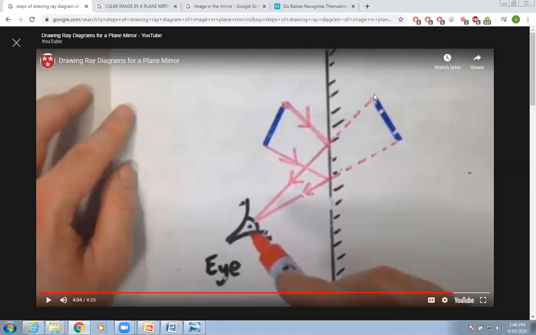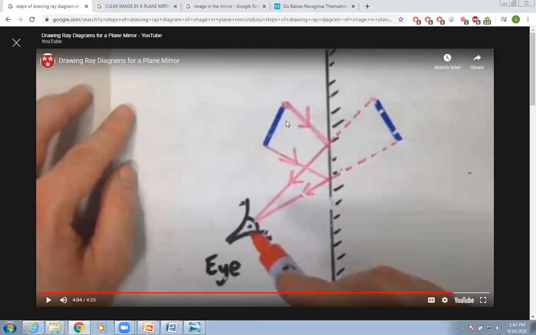You can see that when they come towards the eye, they will intersect the mirror at these two points. These two points are the points of incidence. If you draw the normal here, normal number 1 and normal number 2, you can draw the angle of incidence and angle of reflection.